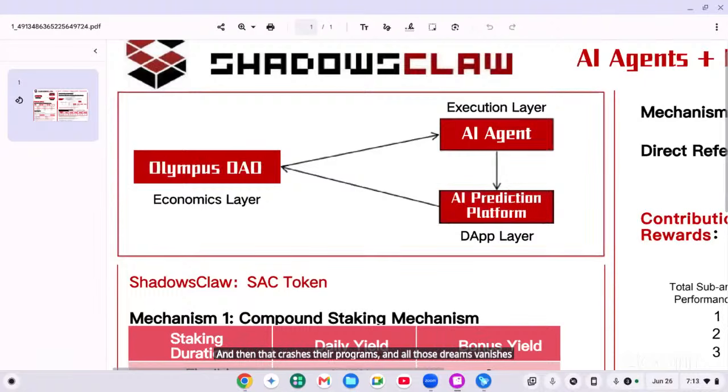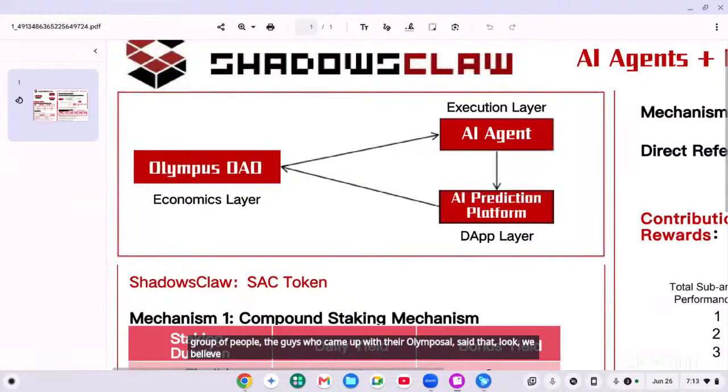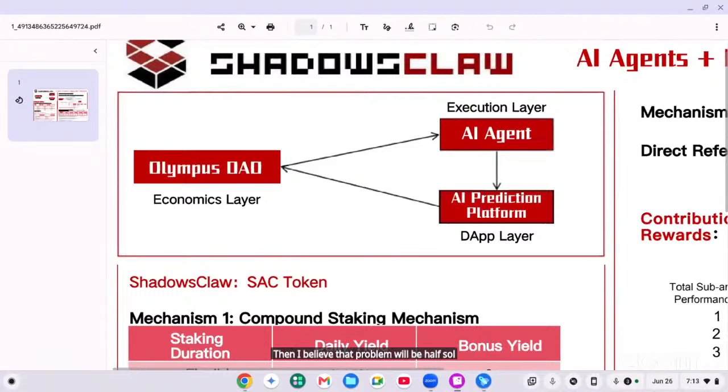So this group of people, the guys who came up with Olympus DAO, said that, look, we believe that if we can find a solution to rather relying on external liquidity providers, then that problem will be half solved, right? So they came out about 6 years ago to launch as a community staking project, and then they backed it with community owned liquidity, what we call protocol owned liquidity.